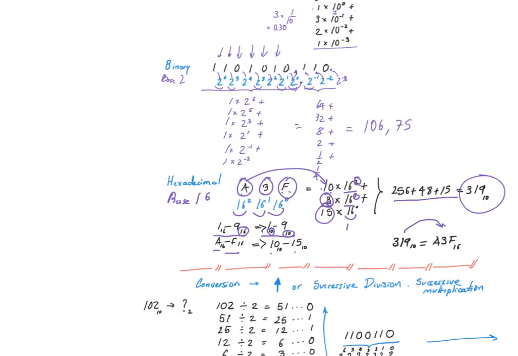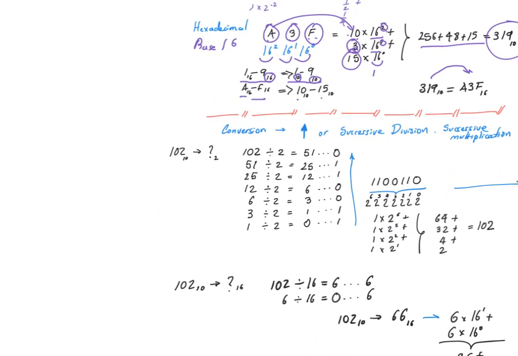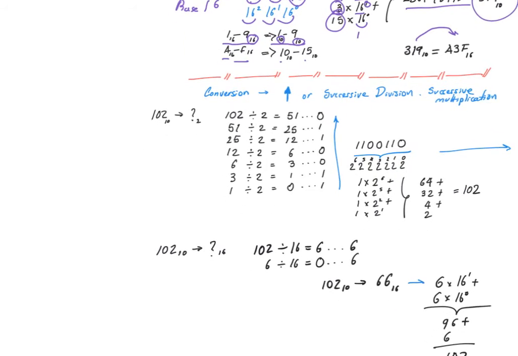Now, talking about being equivalent, we need to understand how we can represent one number from one system to the other. So from denary to binary, we know that we can use successive division. So I start by dividing the number in base 10 by 2, and then I take care of the remainder.